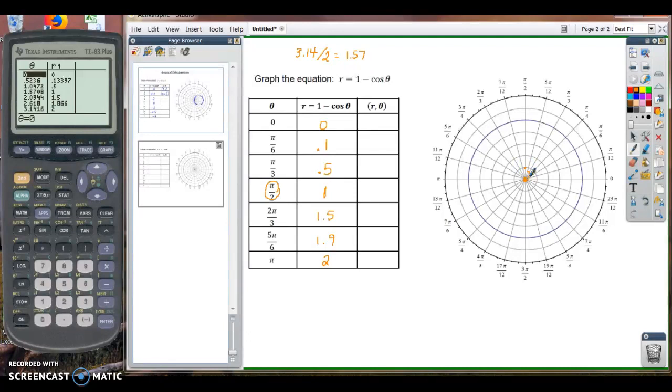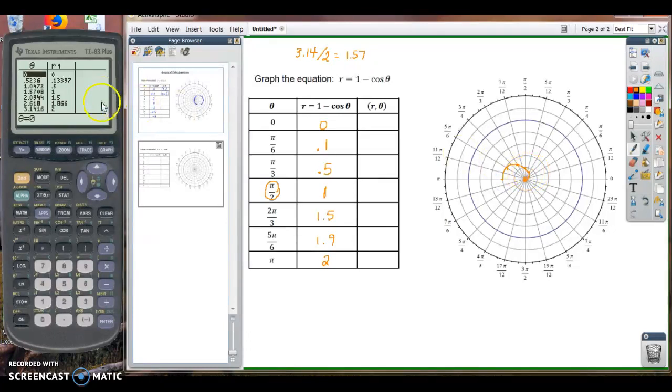At 2 pi over 3, I'm at 1.5, so I'm out here. At 5 pi over 6, I'm at 1.9, so I'm almost out at 2, right there. And at pi, I'm out here at 2. So you get an idea, right? My graph is doing this.